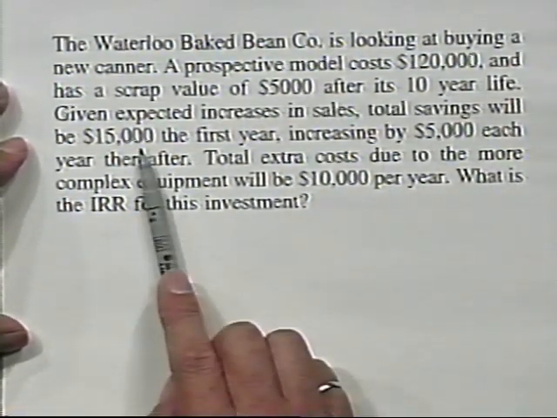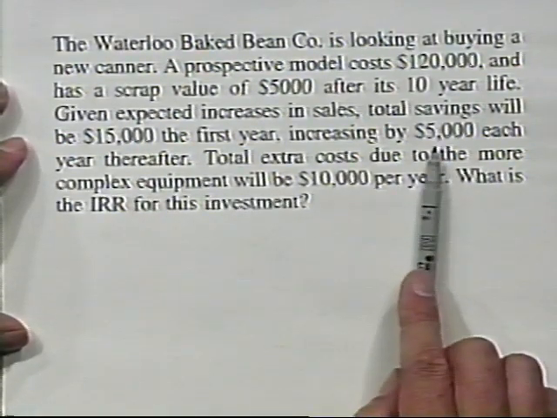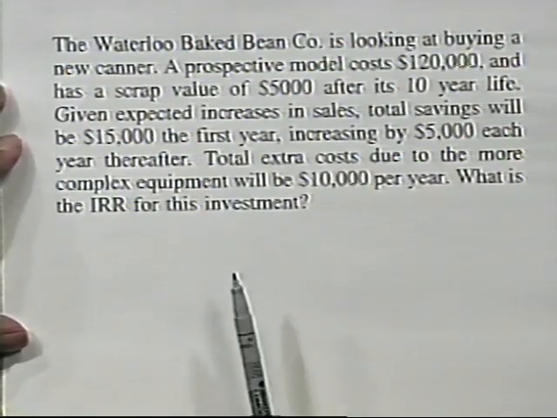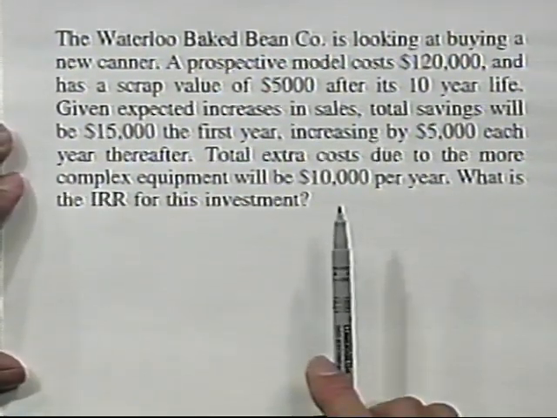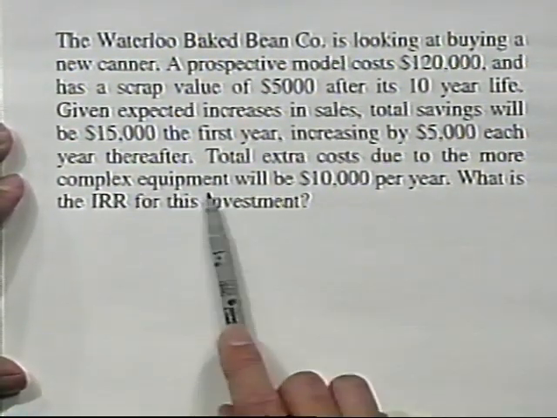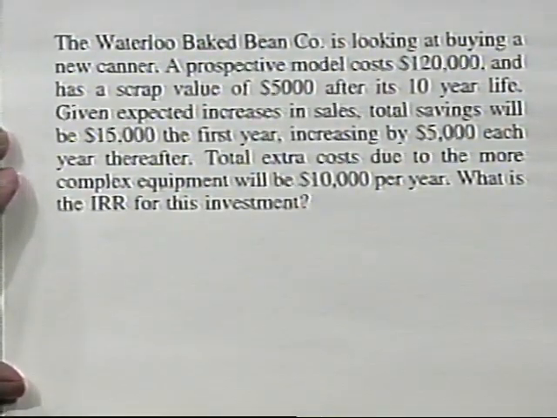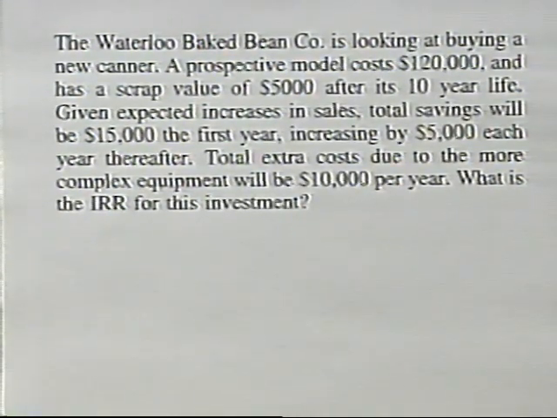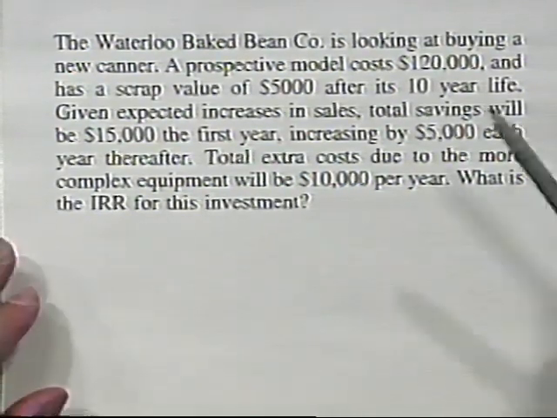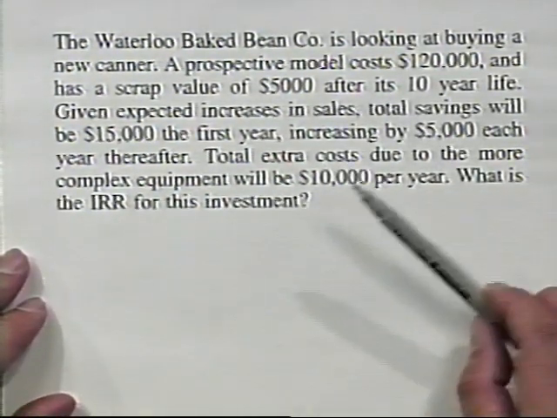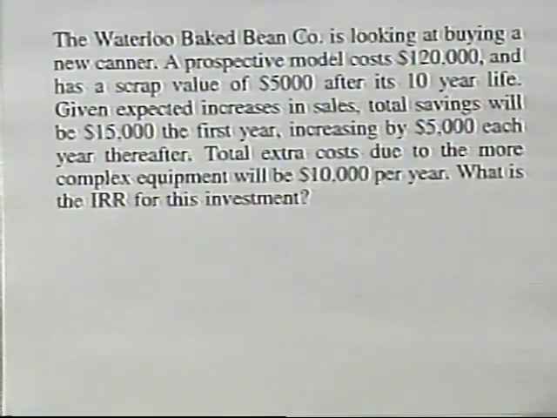We're given savings of $15,000 per year, increasing by $5,000 each year thereafter. So it's a gradient savings cash flow pattern there. And we've got some extra costs due to having the more complex equipment of $10,000 per year.